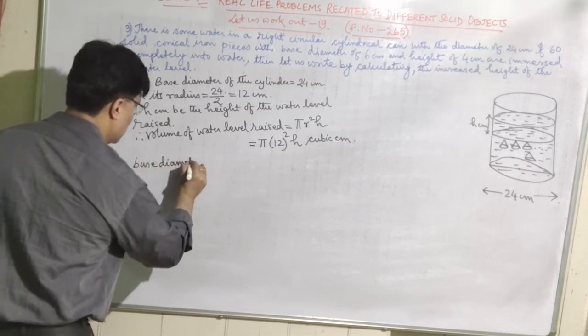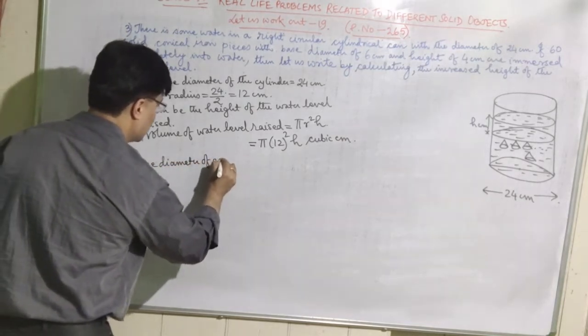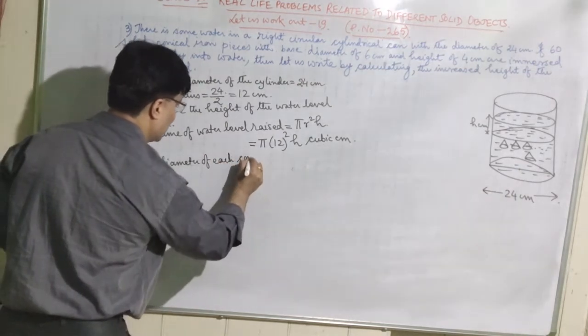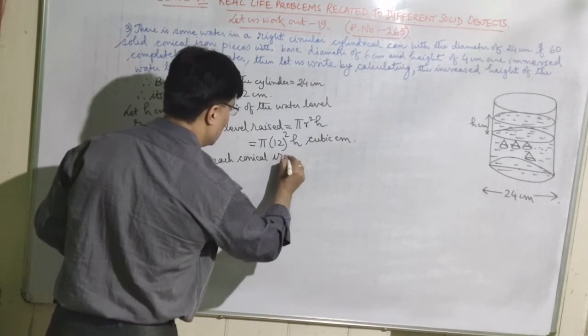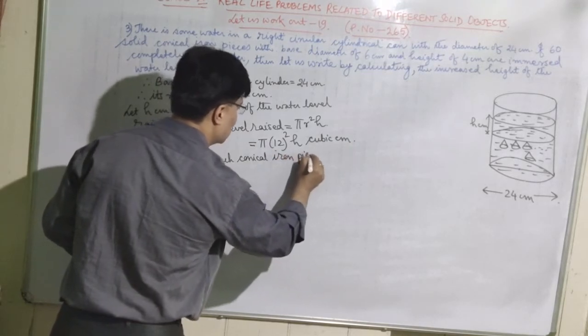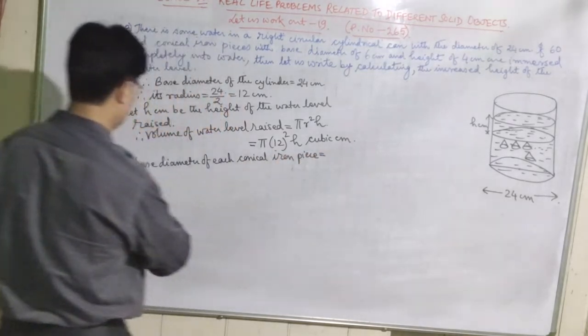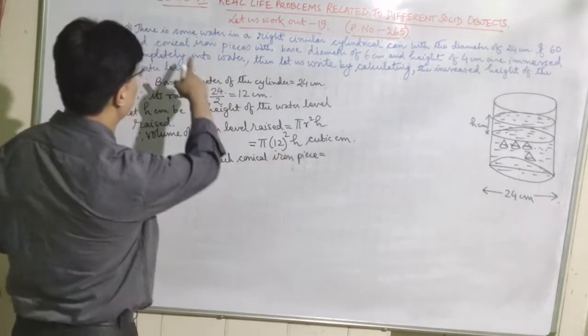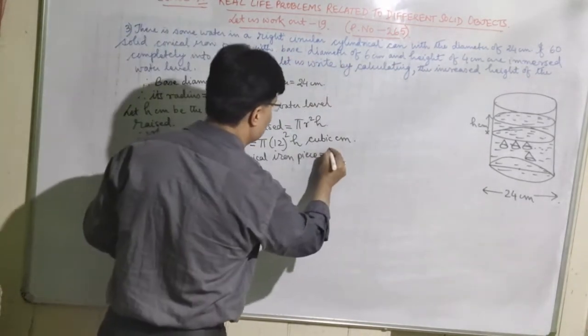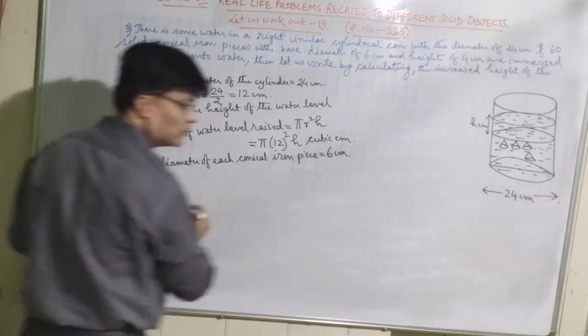So now let us write down the base diameter of each conical iron piece. It is 6 centimeter.